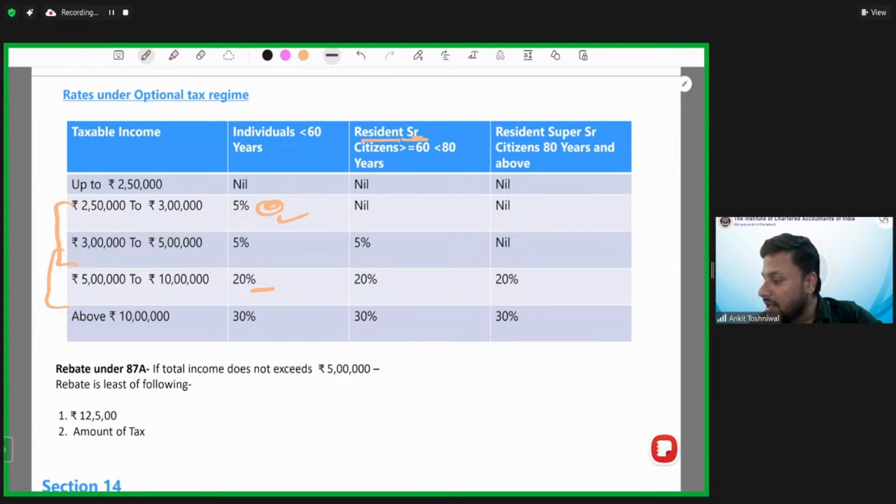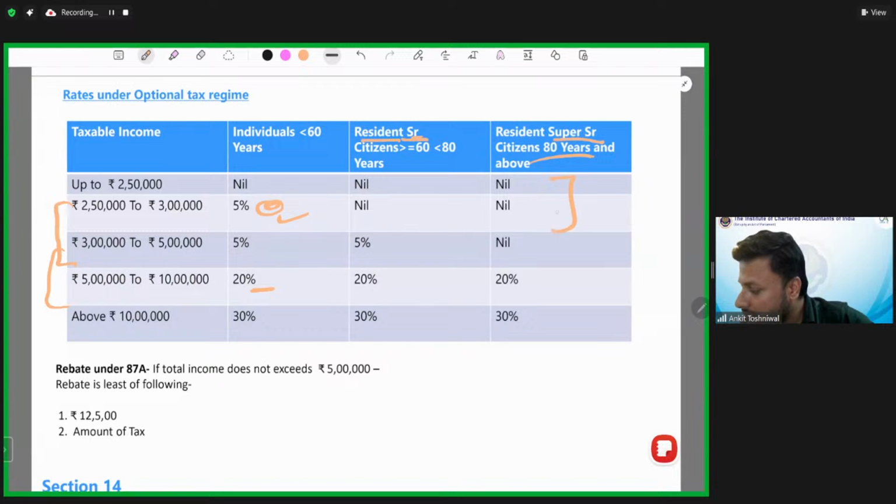Right? And in the case of a super senior citizen, who is a super senior citizen? The person whose age is 80 years or more, if a resident of India. If a person is a resident of India and whose age is 80 years or more, then up to 5 lakh there will be no tax. 5 lakh to 10 lakh, 20%.